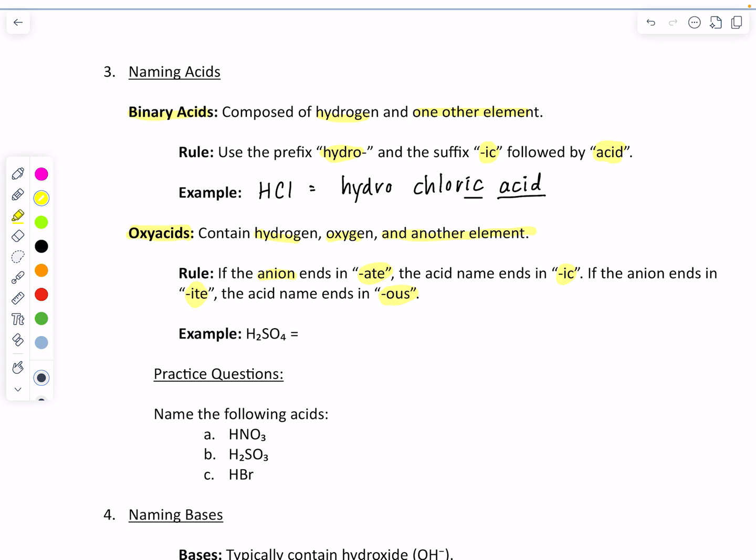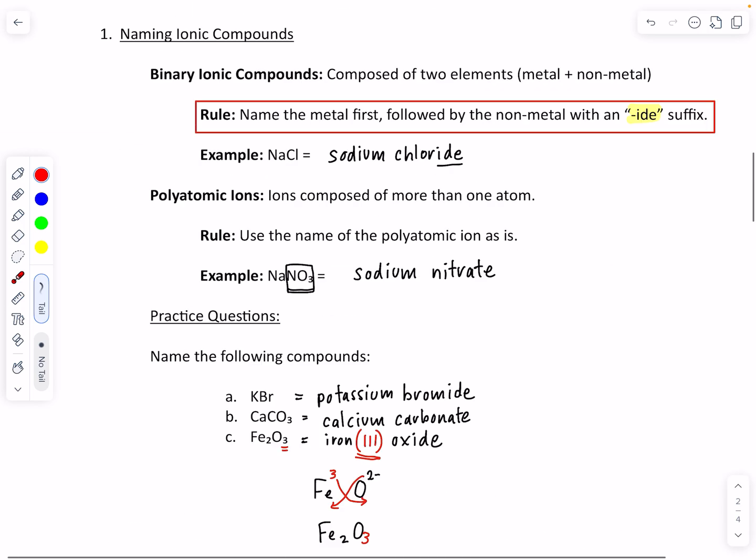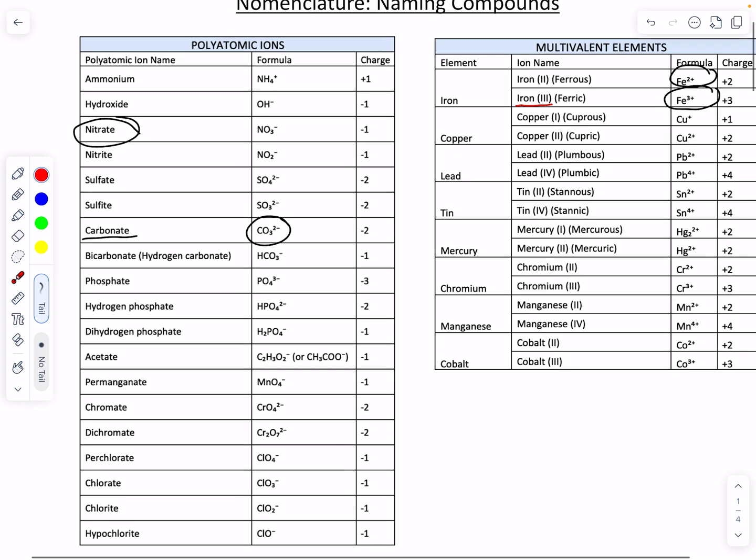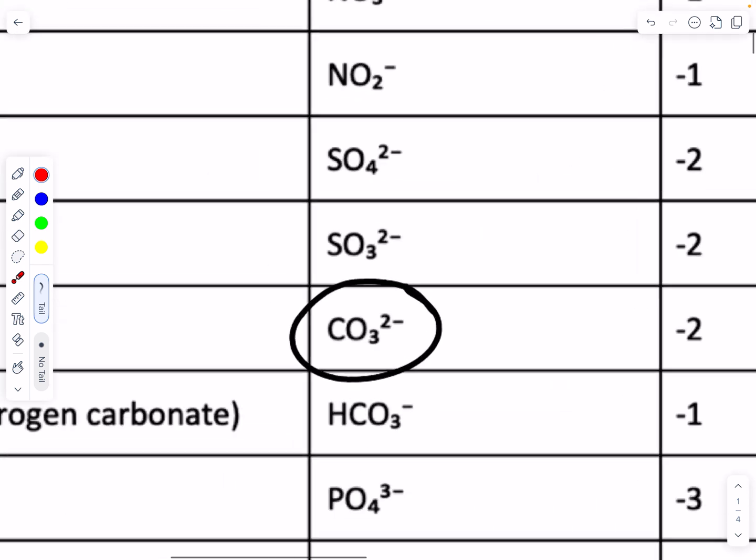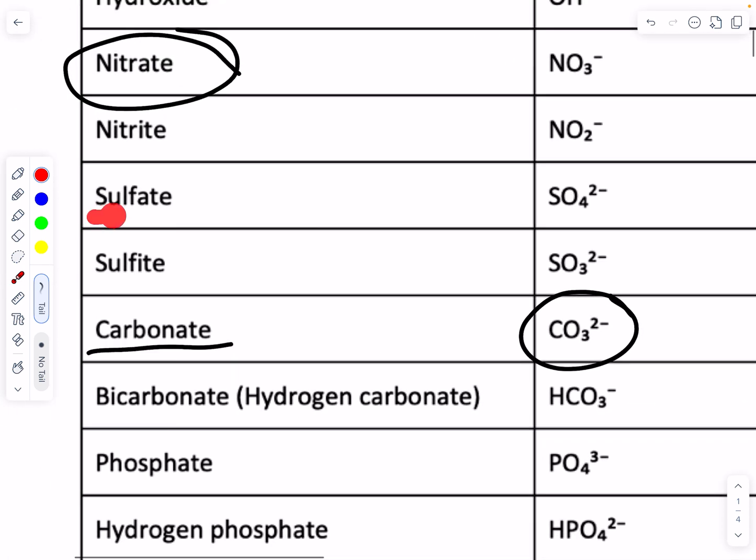So, here we have hydrogen and an oxy polyatomic ion. The polyatomic ion is SO4. Let's go back to our reference table and find SO4. SO4 has the name sulfate. Sulfate has the ending ate.